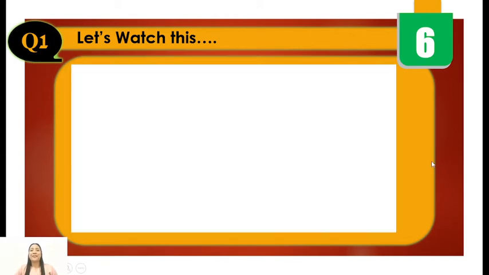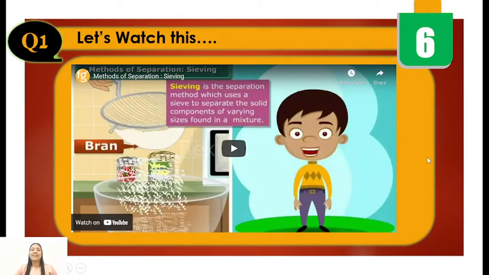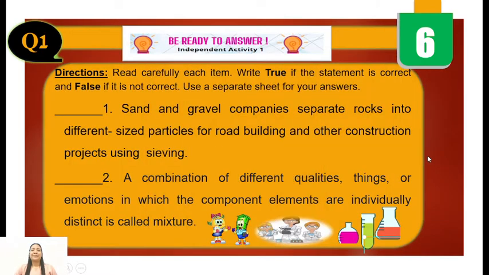So there you have it, grade 6 learners, a short video clip on how sieving is done. This time, let us read carefully each item and then write true if the statement is correct and false if it is not correct. Use a separate sheet of paper for your answer.